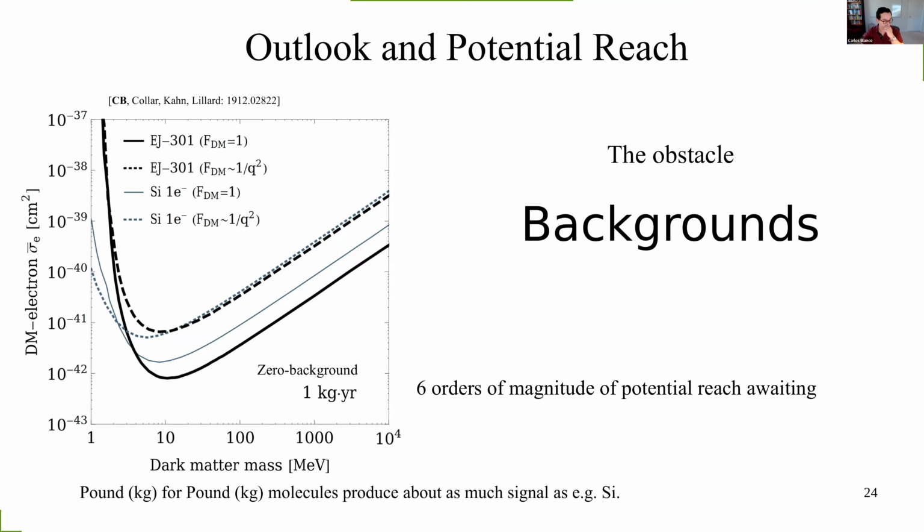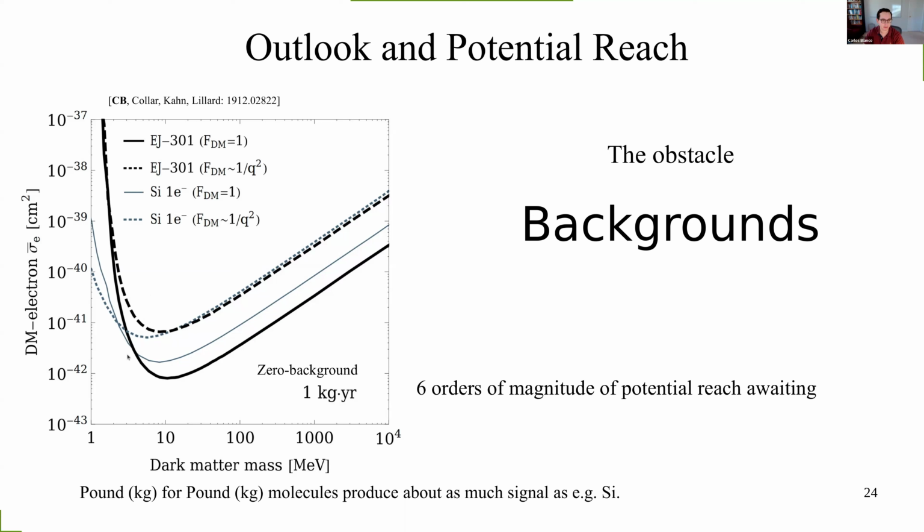And so we can compare, for example, 1 kilogram of silicon and its 1 electron excitation rate, so quote unquote 0 background, to 1 kilogram of organic molecular scintillator, EJ301, and we find that, to within a factor of 2, they're pretty similar.